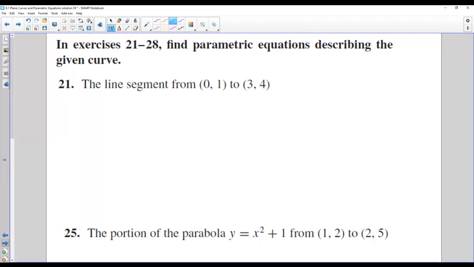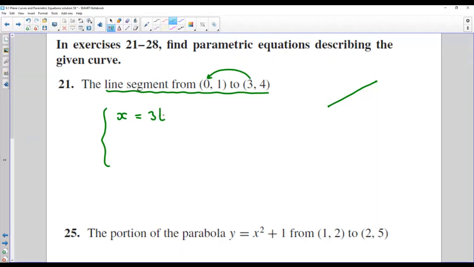Now, find parametric equation for the line segment. So if we use the rule I gave you before, for a line segment, x will be, you remember what we did at the beginning of today's class, a line segment? So from one point to another point, parametric equations. So what you do is this minus this, so it will give you 3t, plus 0.